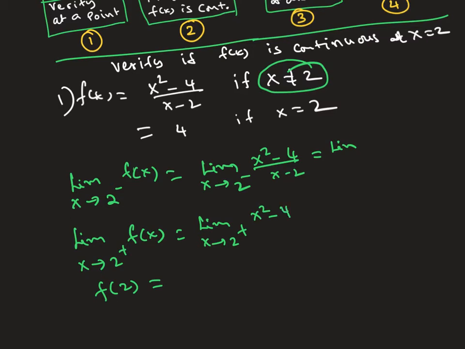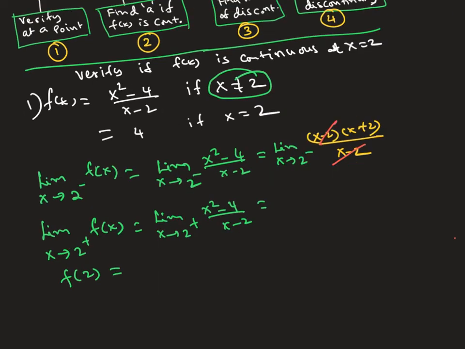Both sides, if we remember the method of evaluating these limits, we have to factor this function involving polynomials, indeterminate form. We cancel these 2, and the limit as x approaches 2 from the left side would be simply plugging it into the leftover function.